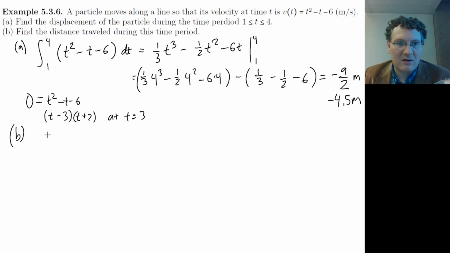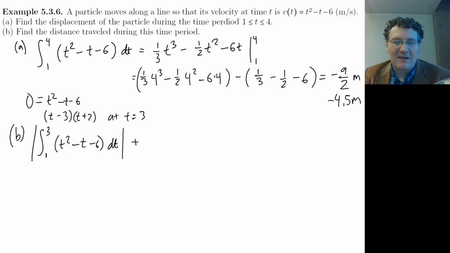We are going to take the integral from 1 to 3 of t squared minus t minus 6 dt, and take the absolute value of that and add it to the total distance from time 3 to 4 of t squared minus t minus 6 dt. So take these two absolute values.